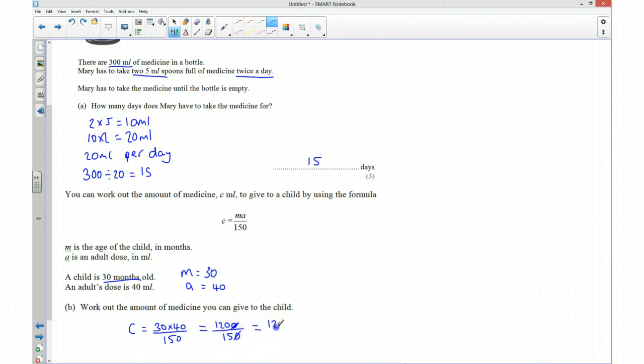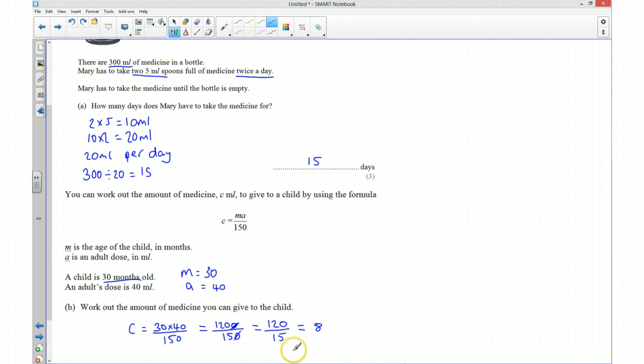Okay, 1200 divided by 150, well, that's going to be the same as, and we can cancel that, so we're going to have 120 divided by 15, and we can simplify that further because 120 divided by 15, well, that's going to be 8.